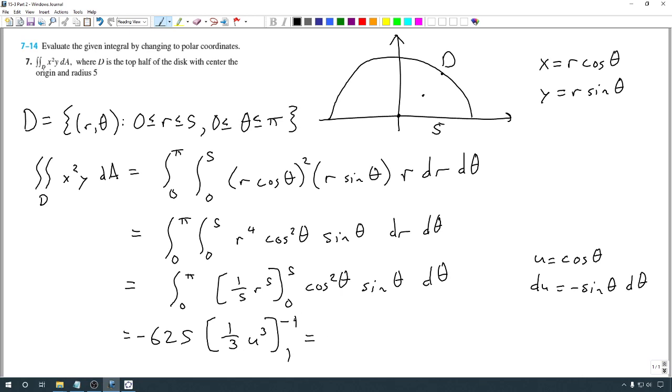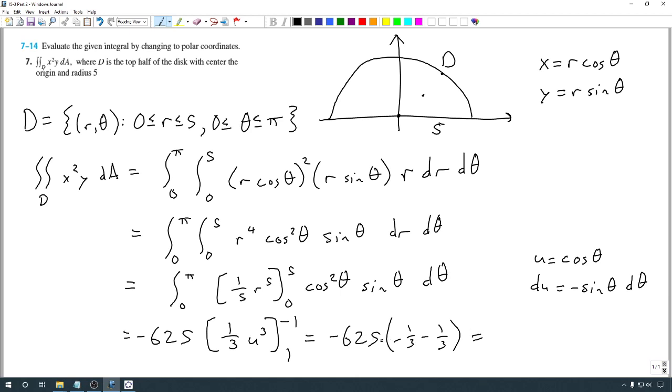So 1/3 times -1, -1 cubed is a -1/3, minus 1/3 times 1 cubed is another -1/3. So we end up with a -1/3 minus -1/3. Obviously, the negatives didn't really matter. We expected to get a positive thing.